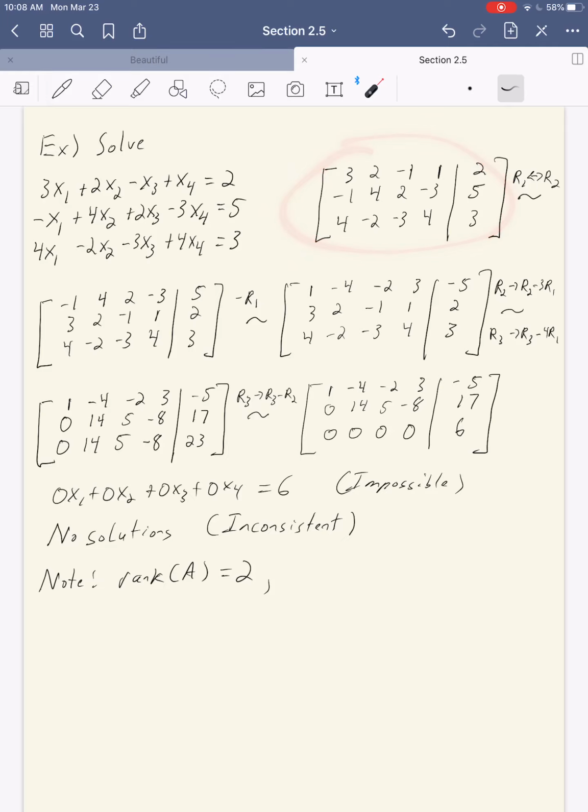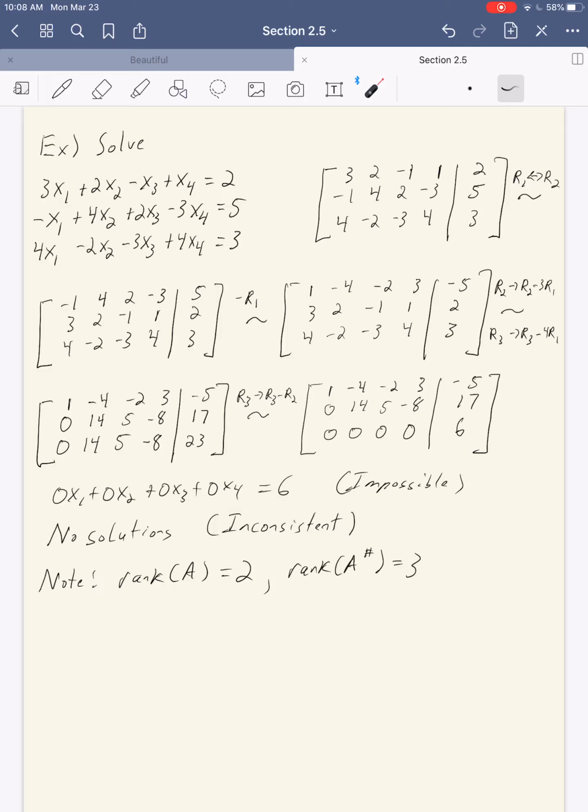If we use the whole thing, you can see that the rank of that is going to be 1, 2, and 3. It has a different rank because this would be a non-zero row for the augmented matrix. So the rank of the augmented matrix was 3. What you want to see here is that the rank of the matrix and the rank of the augmented matrix were different. And that turns out to be exactly the condition that tells us when we're going to have an inconsistent system.